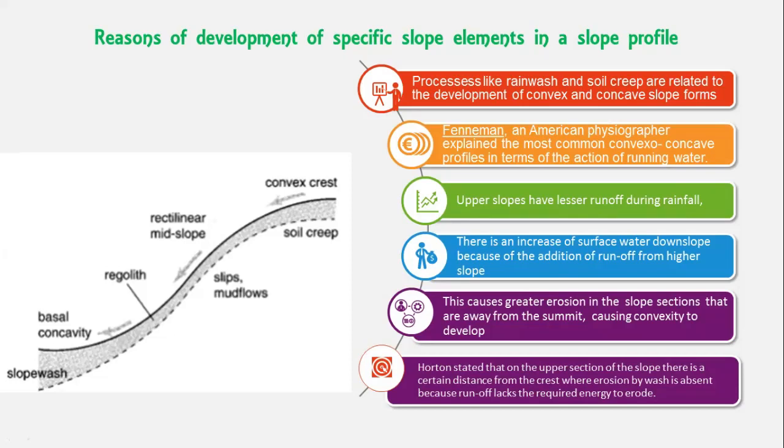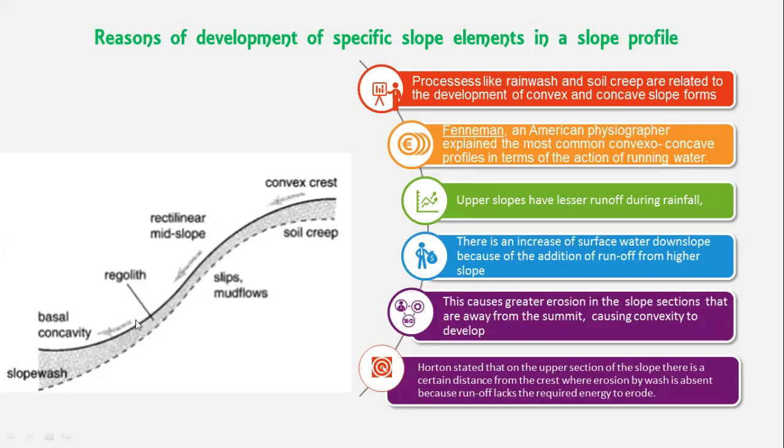Then Horton stated that on the upper section of the slope, erosion by wash is absent because, for the same reason he gave, runoff lacks the required energy to erode. And further down, there is an increase in runoff, so sheet wash assumes more erosion.